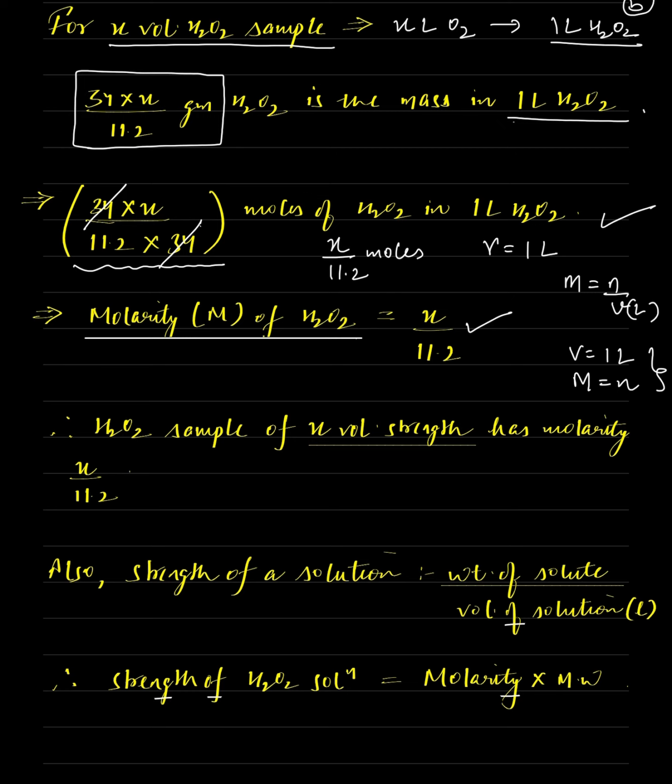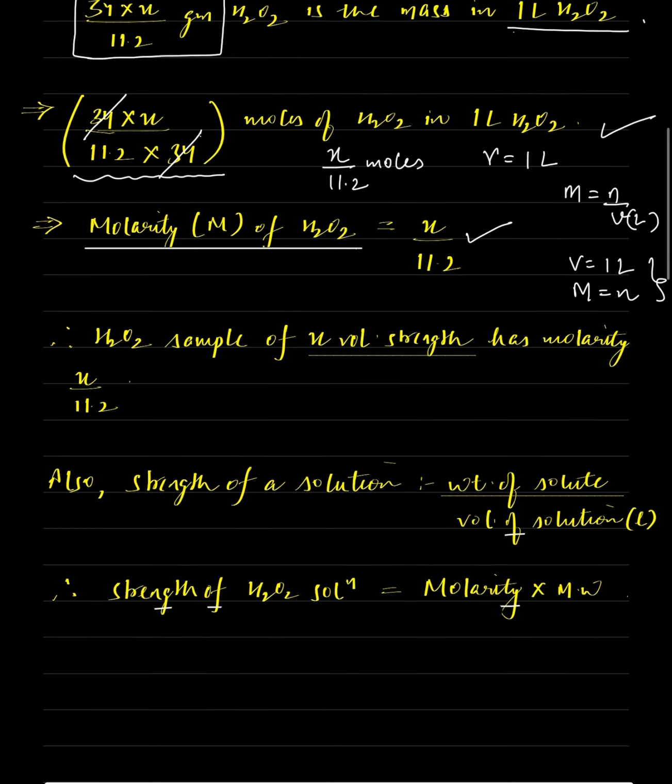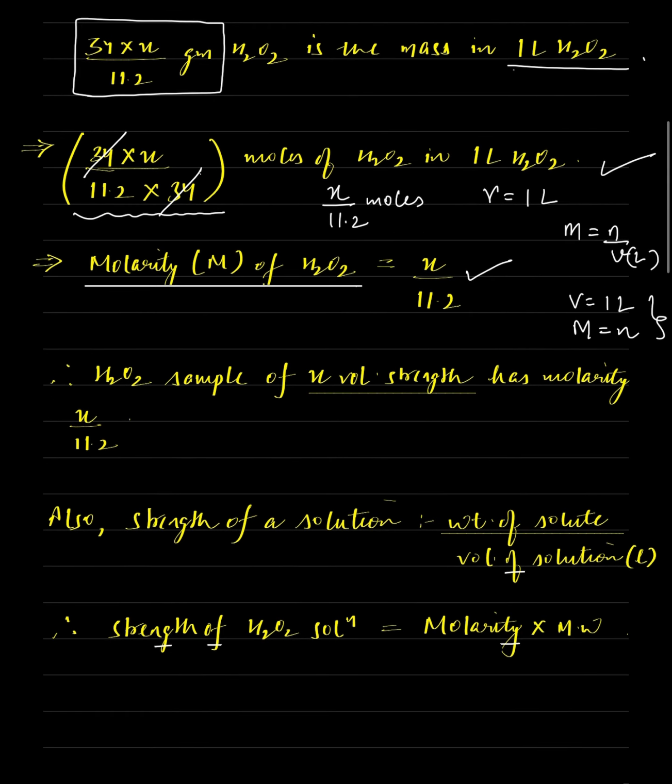If they ask us to calculate the strength in terms of grams per liter, then you calculate the molarity using x upon 11.2 and multiply by the molar weight. The molar weight of H2O2 is 34 grams, so simply multiply molarity with 34 and you will get the strength in grams per liter, right?